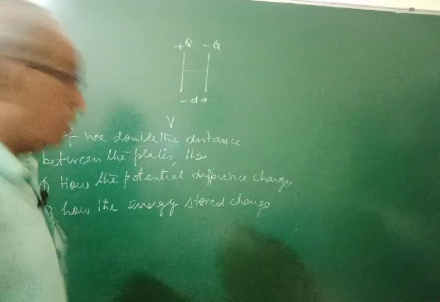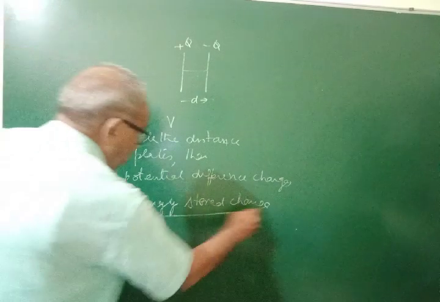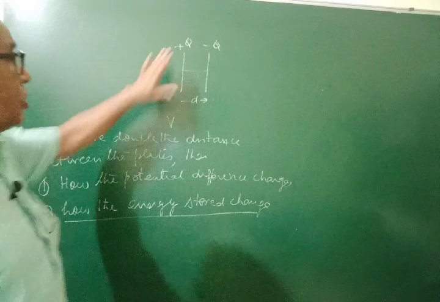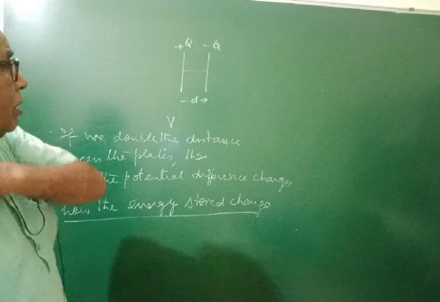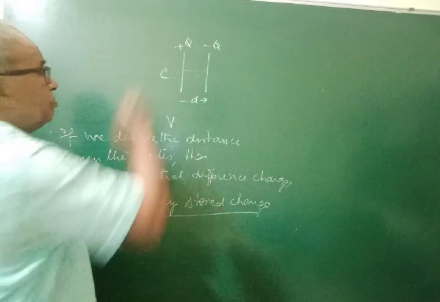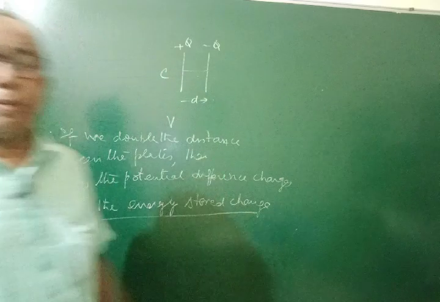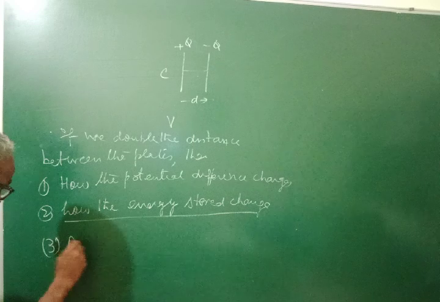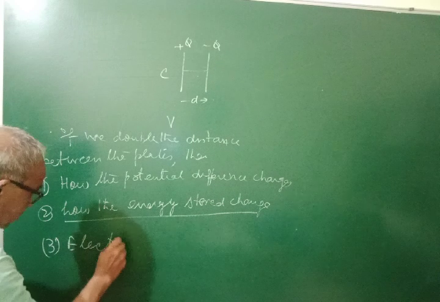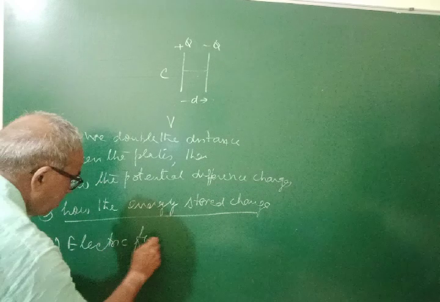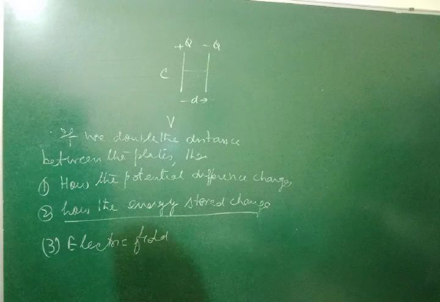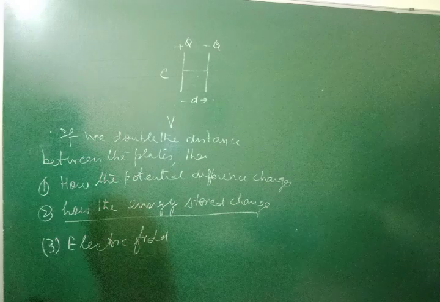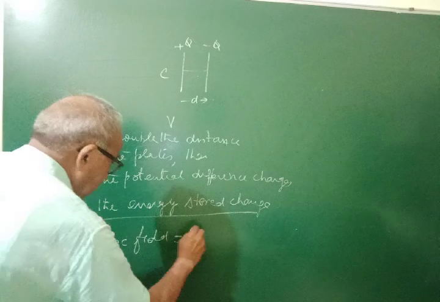Number two, how does the energy stored change? Will it increase or decrease? This is a charged capacitor having charge plus Q and minus Q at distance D, capacitance C. And number three, the electric field between the plates, if we double the distance between the plates. What about the electric field?